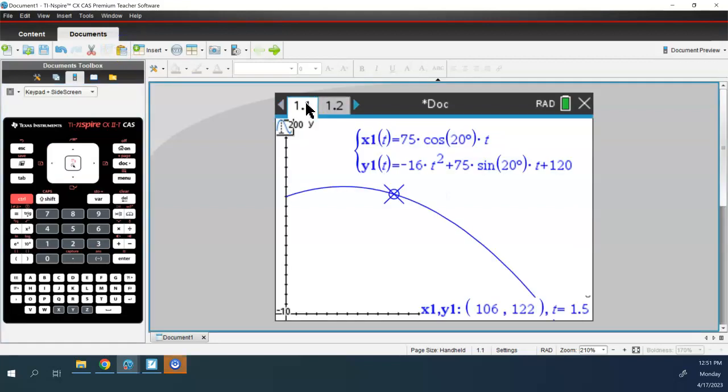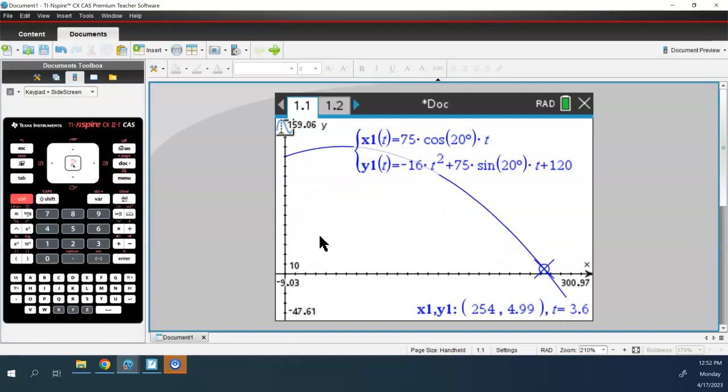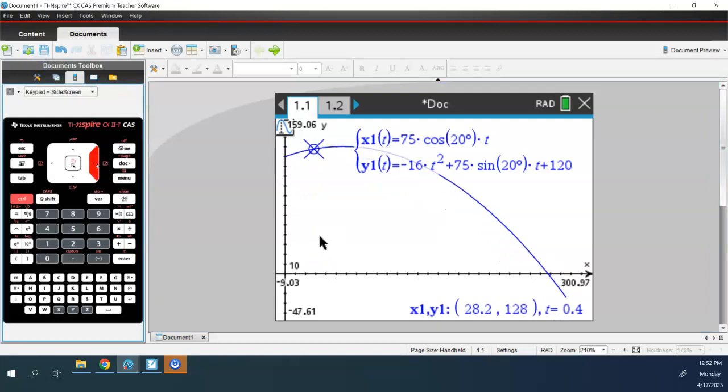I could trace it on down and try to get when that ball hits the ground.